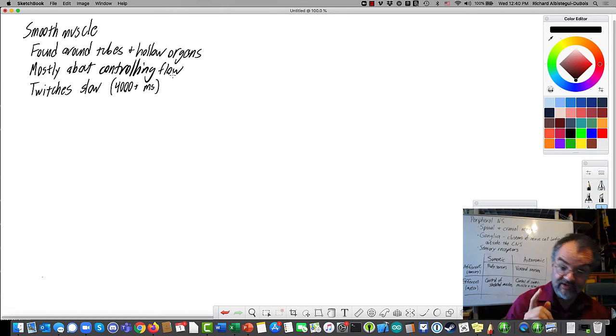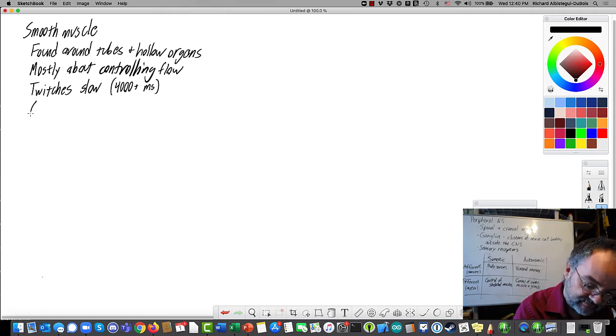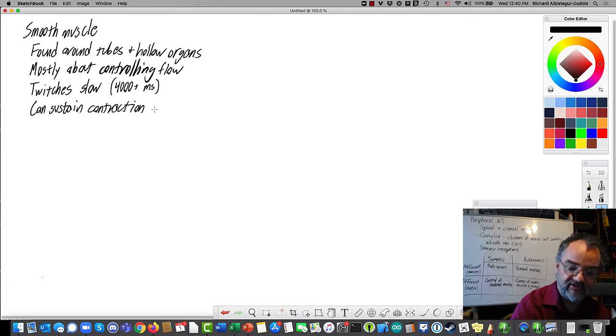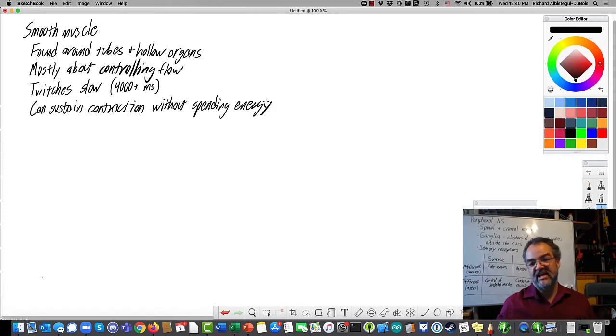It's also, and this is a unique thing for smooth muscle, it can sustain a contraction without using extra energy. So if I want to sustain a contraction in skeletal muscle, I have to keep twitching it so that those twitches either overlap with each other in a whole muscle, or summate on top of each other for a single fiber.